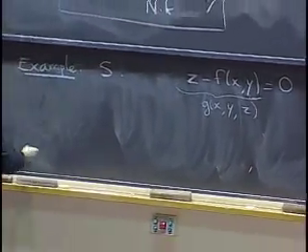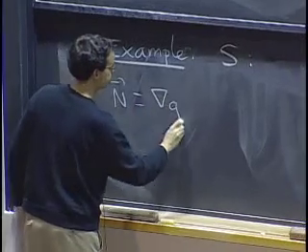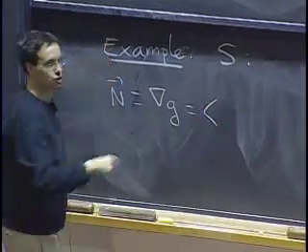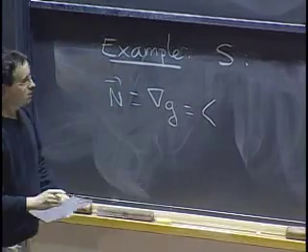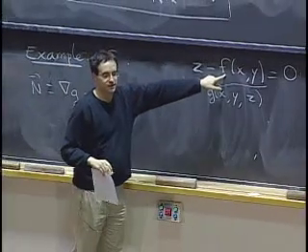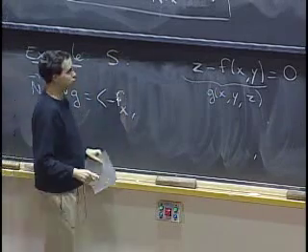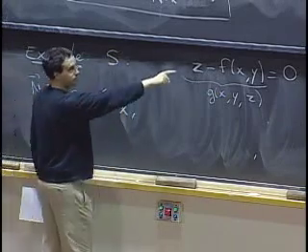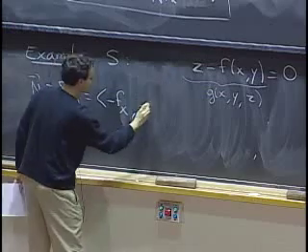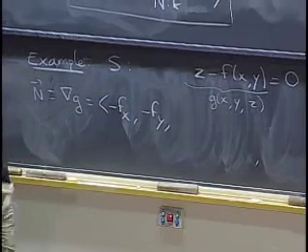Now let's look at the normal vector. The normal vector would be the gradient of g, we said. What's the gradient of this function? Partial g, partial x, is just negative partial f, partial x. The y component, partial g, partial y, is negative f sub y, and g sub z is just 1.